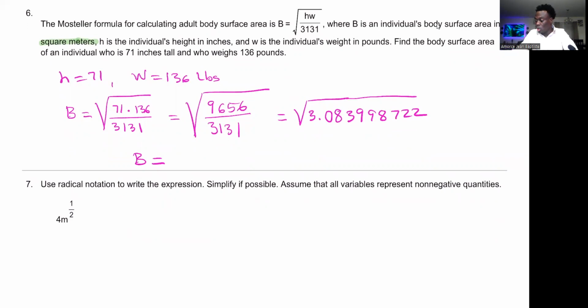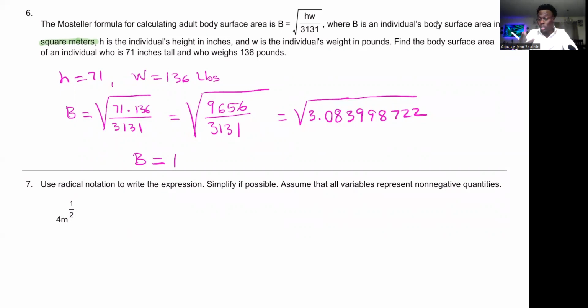The square root of this answer is 1.7756.